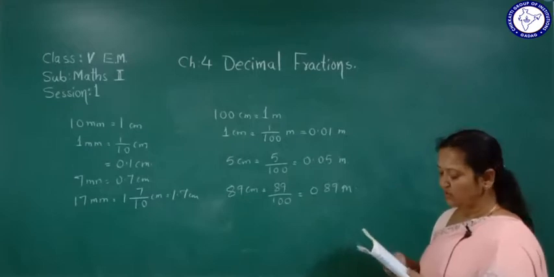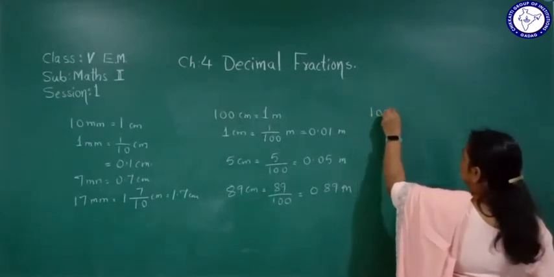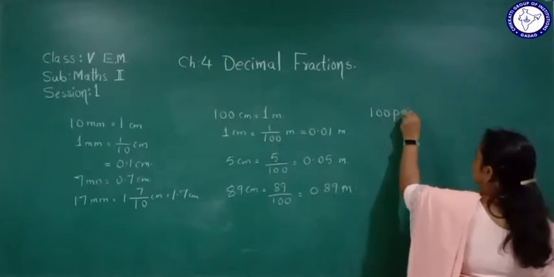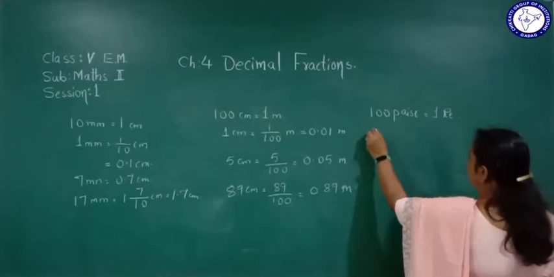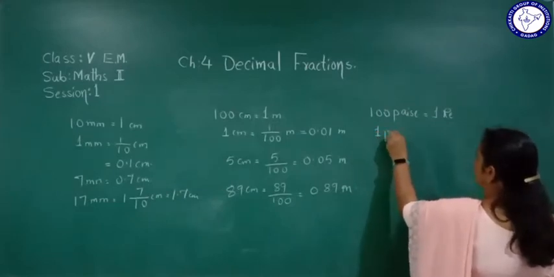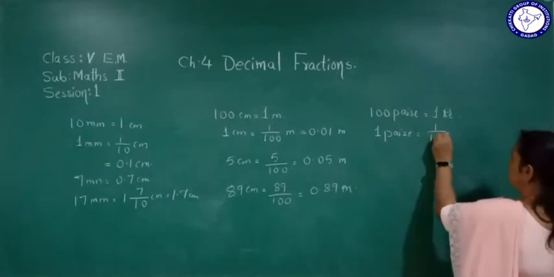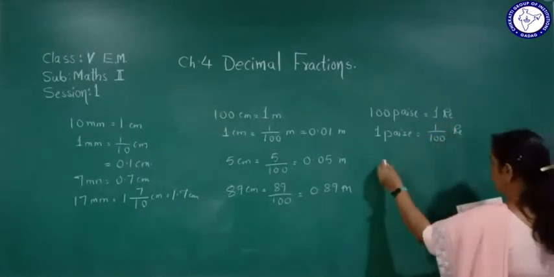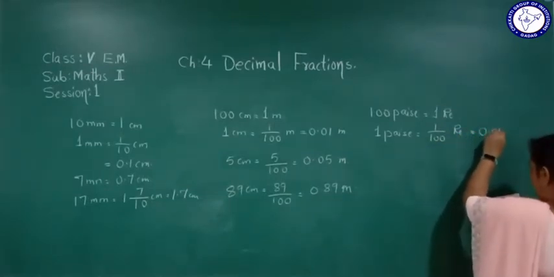Now how to write these decimals in rupees? How do we use them in rupees? We know 100 paisa equals 1 rupee. Then 1 paisa equals 1 by 100th of a rupee, which equals 0.01 of a rupee.